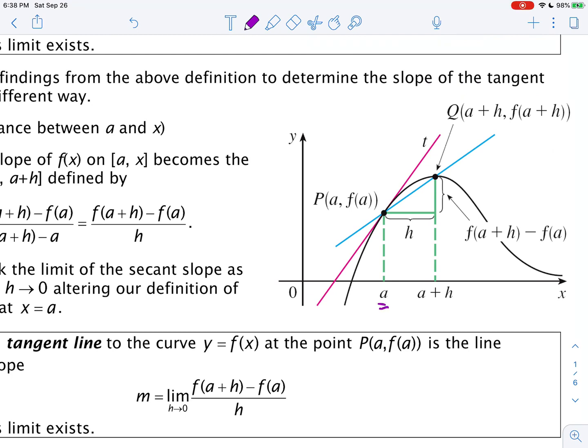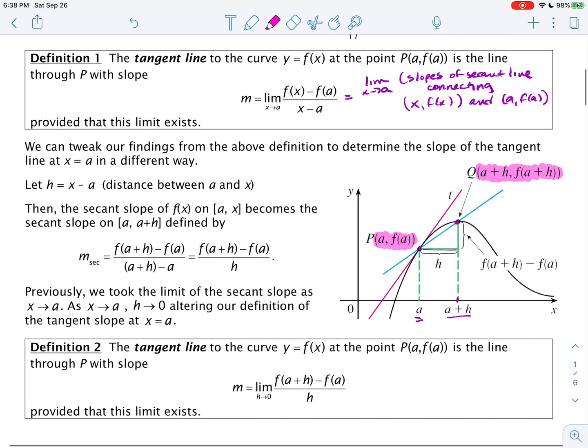If we had our point A and we went out a distance of h, then we would have the point A plus h, f of A plus h, and this point at A would still be A, f of A. If we take the slope of the secant line that connects A, f of A and A plus h, f of A plus h, we get f of A plus h minus f of A over A plus h minus A, which simplifies to h.